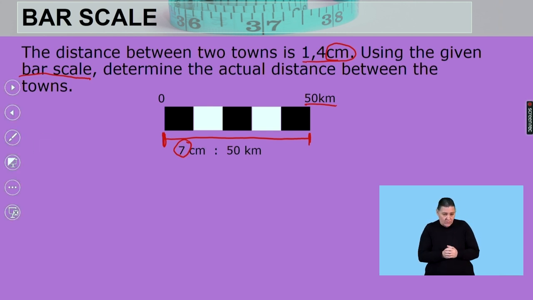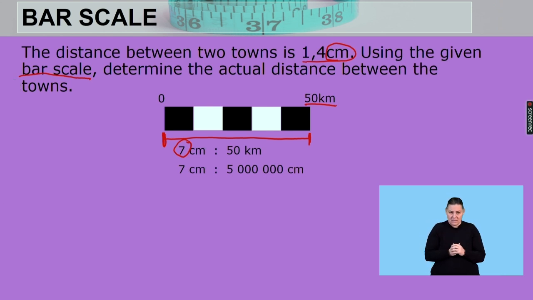Now remember, ratio has no units. Scale doesn't have any units. So what I've got to realize here is I need to make both of these the same. It's currently in centimeters and kilometers. So what have I done here? Centimeters I've kept. I've changed that one also to centimeters. So from kilometers to centimeters, what did I do?